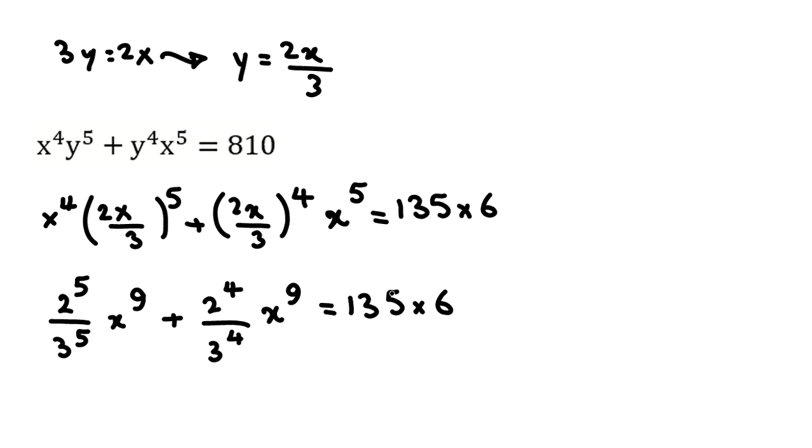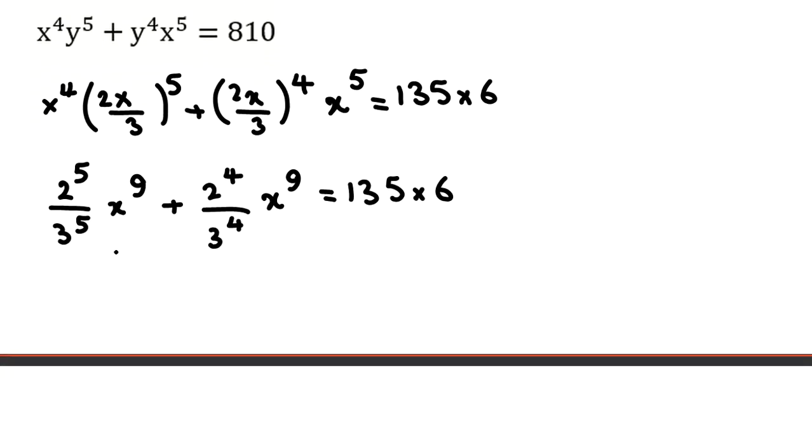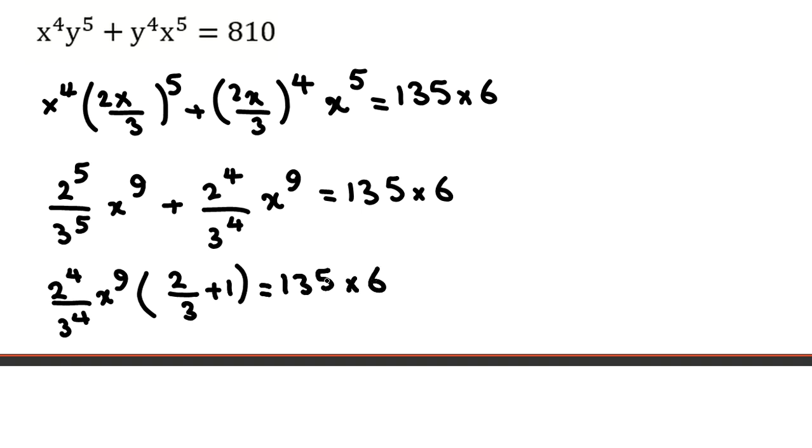Now, I want to find x, or x cubed. Let's see what we can do. If we factor out 2 to the 4, 3 to the 4, x to the 9, we have 2 over 3 plus 1 equal to 135 times 6.